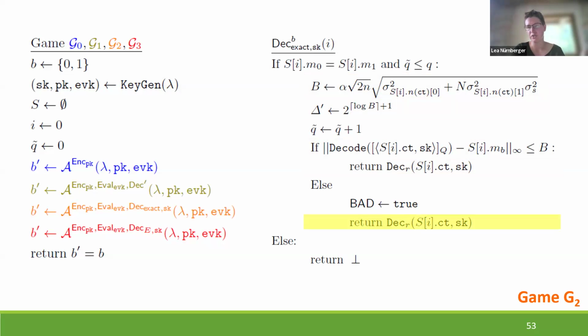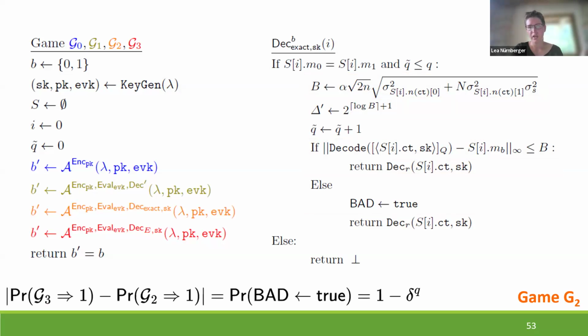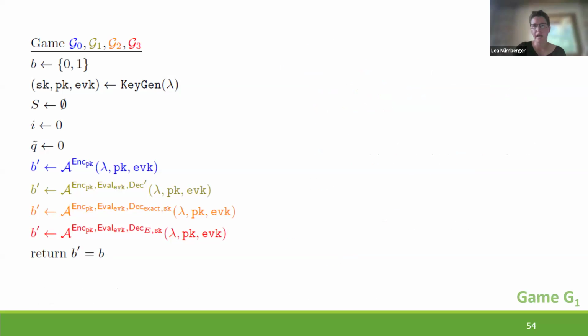And again, if the bounds don't hold, we still do the same thing, but we set a flag bad to true. And then we quickly see, okay, so if the bounds hold, then delta R exact CKKS is the ideal functionality. Therefore, those two games return the same thing. If the bounds don't hold, then there is a difference between those two games. So the difference and advantage between those two games is just the probability that the bounds don't hold.